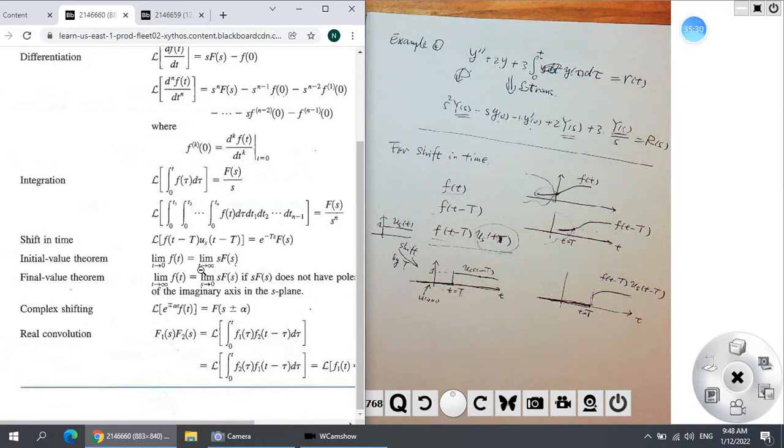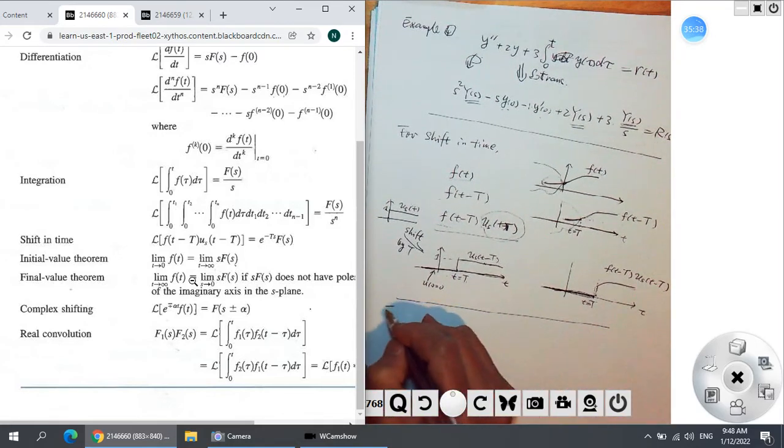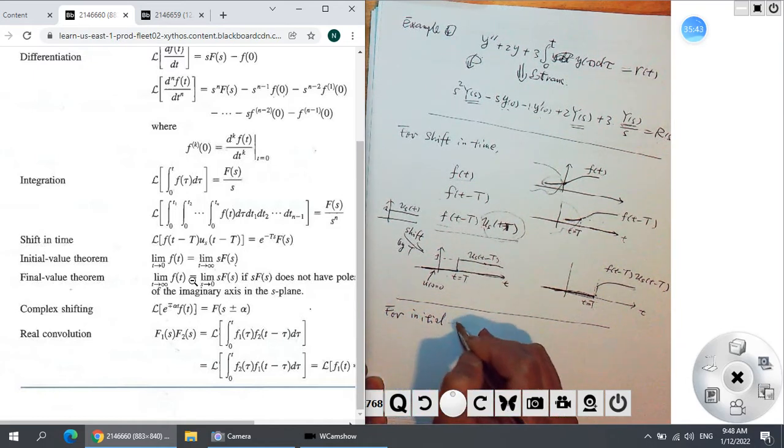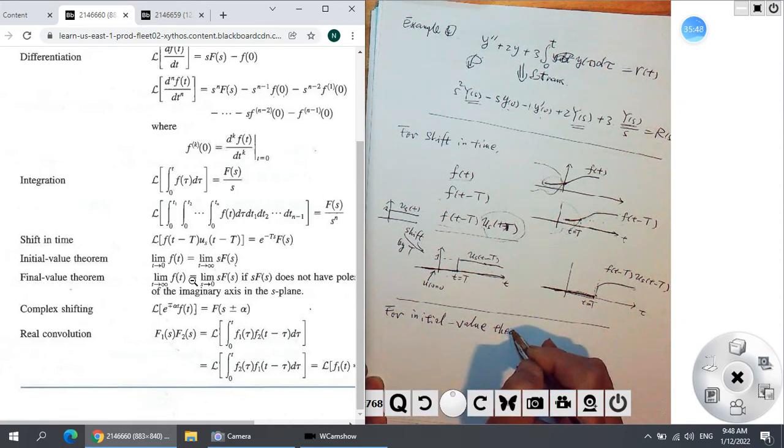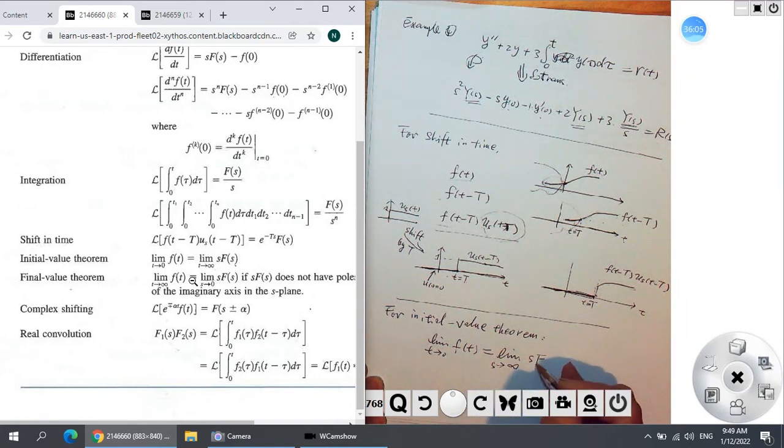Yeah, typo. s goes to infinity, s times F(s). So for the initial value at 0, the limit as t goes to 0 of f(t) equals the limit as s goes to infinity of s times F(s).